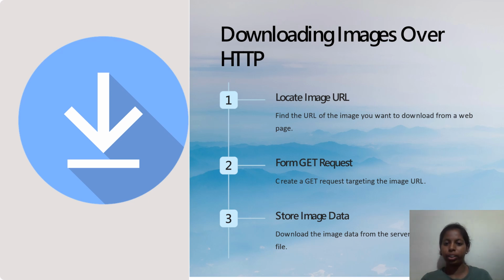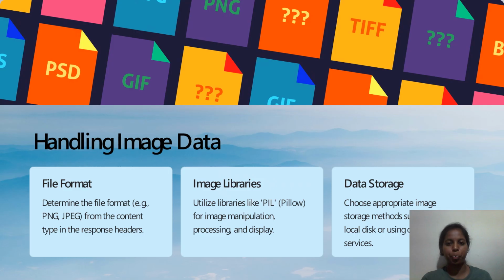After knowing the place of the image, next we have to send a GET request. So the second step is to send a GET request: create a GET request targeting the image URL. After that, the third step is to store the image data. After getting the image, we have to download and store it for later use.